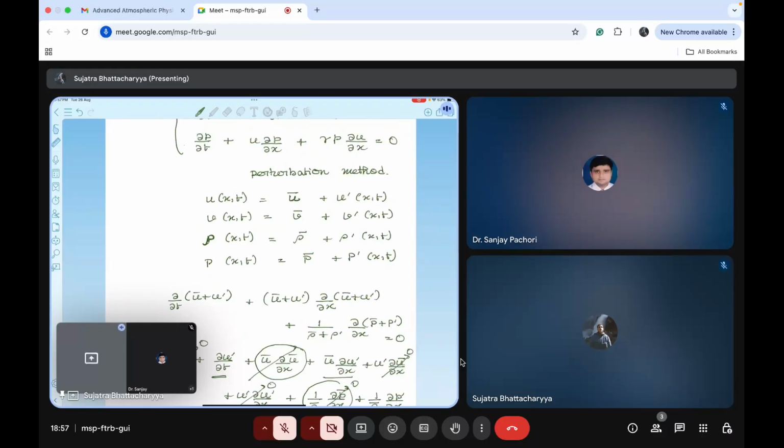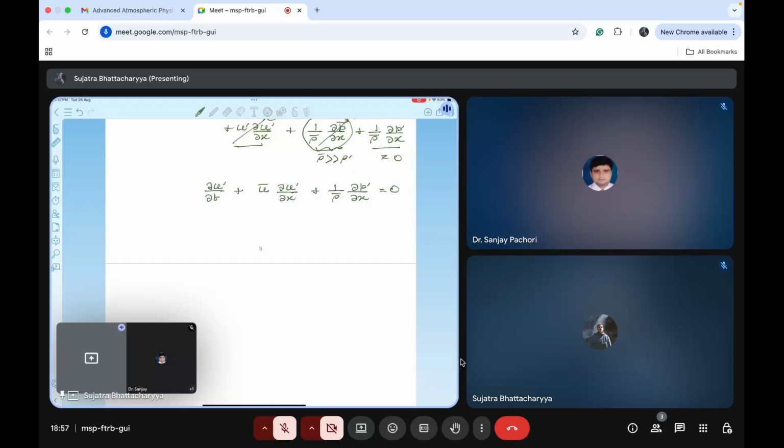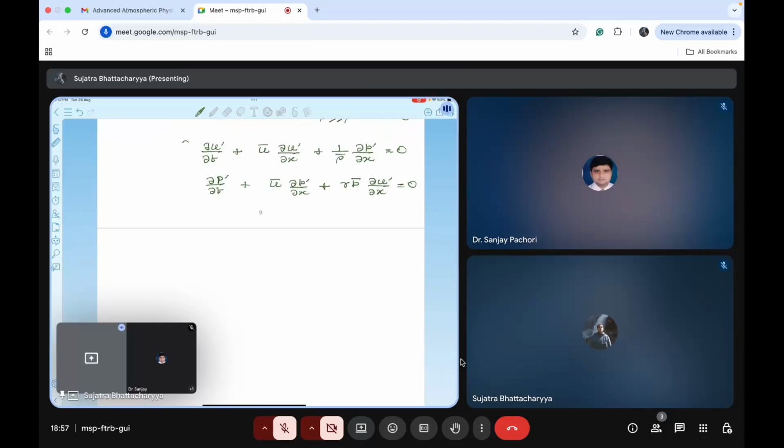Similarly, if you apply the perturbation method to this equation, which we have derived from the continuity and thermodynamic energy equation, you will get delta P dash by delta T plus U bar delta P dash by delta X plus gamma P bar delta U dash by delta X equal to 0. Okay. So these are the final perturbed equations which we are getting.